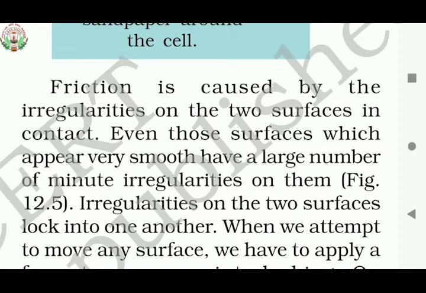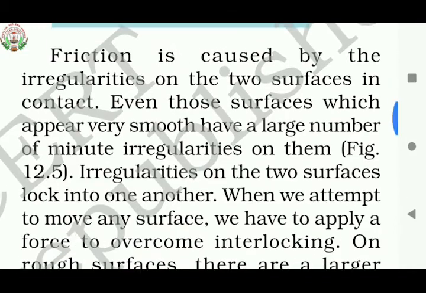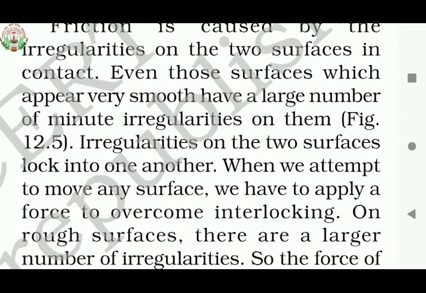Even the surfaces which appear very smooth have a large number of minute irregularities on them. When they come in contact, these irregularities on the surfaces lock into one another. When we attempt to move any surface, we have to apply a force to overcome interlocking.